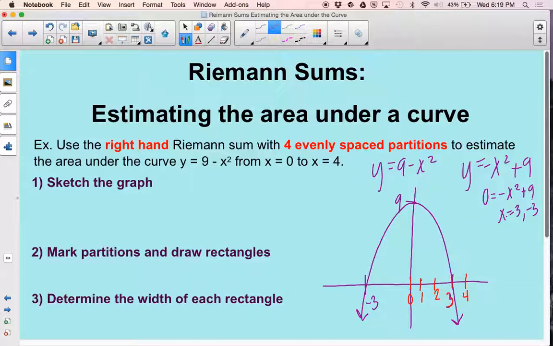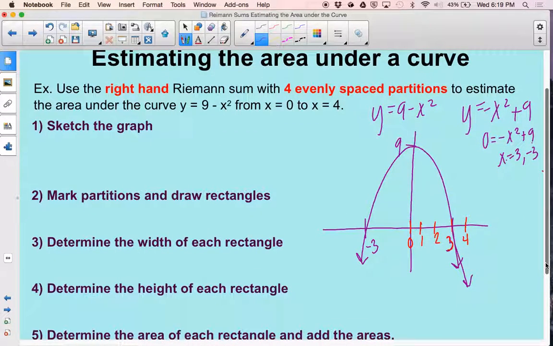Determine the width, and draw rectangles. We're using a right-hand Riemann sum, so instead of starting on the left side, I'm starting on the right side. And this function needs to be extended a little more down here. There we go.